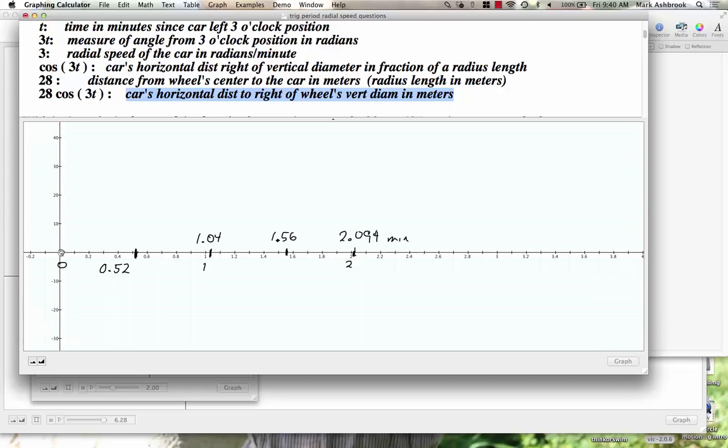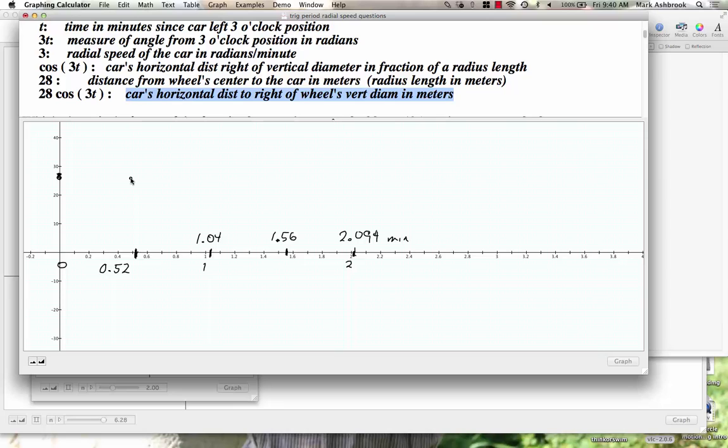And at time 0, where is the car relative to the vertical diameter? Is it at the max, at the center, or at the min? So what point should I grab? 0, 28. Why? Because at the 3 o'clock position, it's its full 28 meters to the right of the vertical diameter.